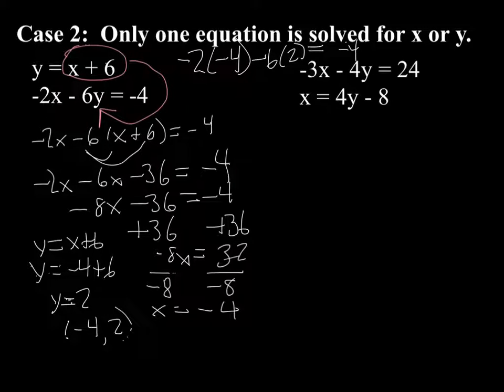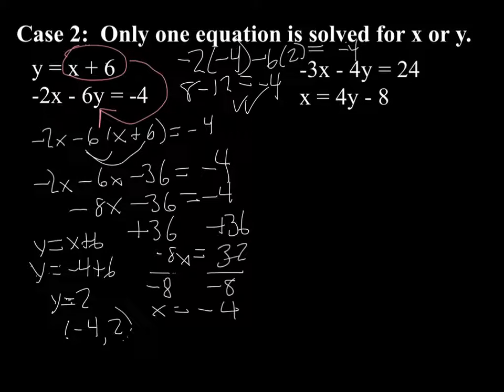Now, -2 times -4 is going to give me a +8. This gives me a -12. And 8 minus 12 does give me a -4, which does double check.